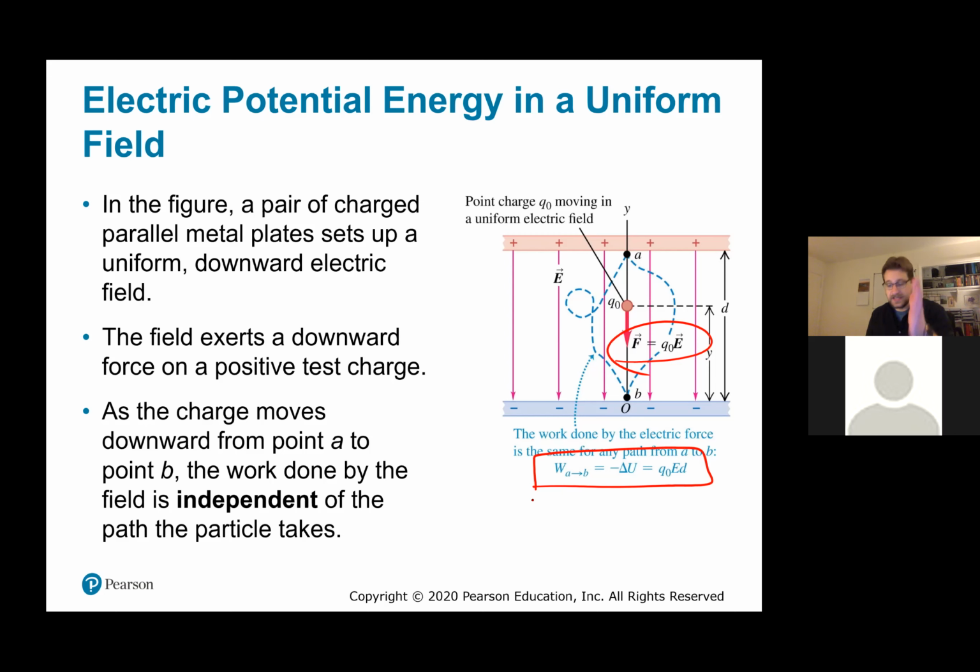The force is the charge times the field, and work is force times distance. So we multiply the force times the distance. Ta-da, work. And negative change in potential energy.